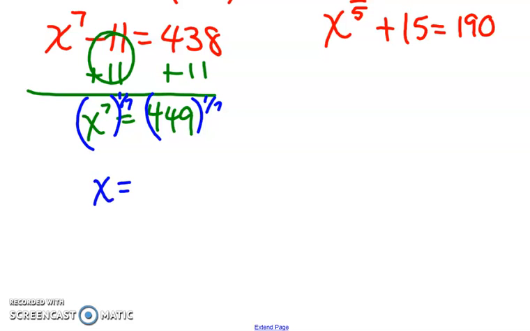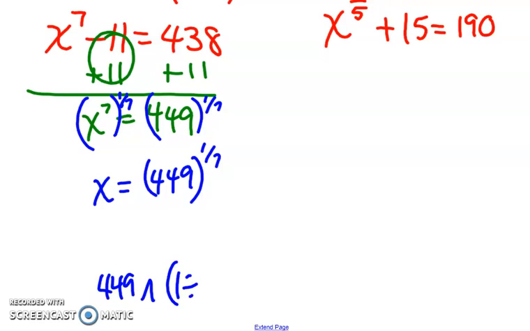So the problem becomes x is equal to 449 to the 1/7. So again, as a reminder, 449, your exponent key, put the fraction in parentheses as a division problem. And we get an answer of 2.393.